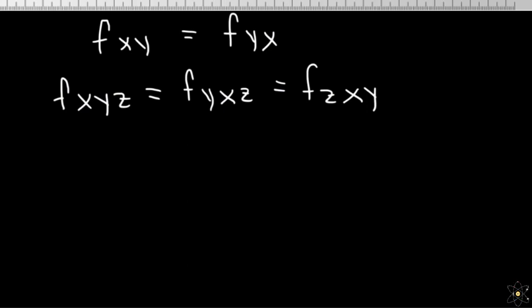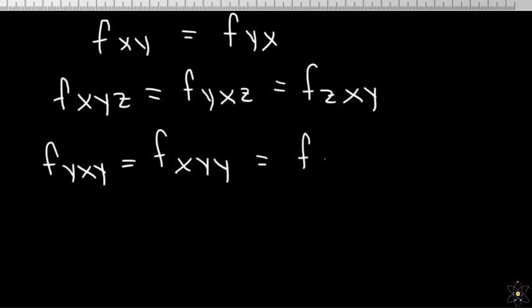The order doesn't matter. So here's another example. F of y, x, y is equal to f of x, y, y, which is equal to f of y, y, x. These are all the same. We're differentiating with respect to x once, but with respect to y twice.